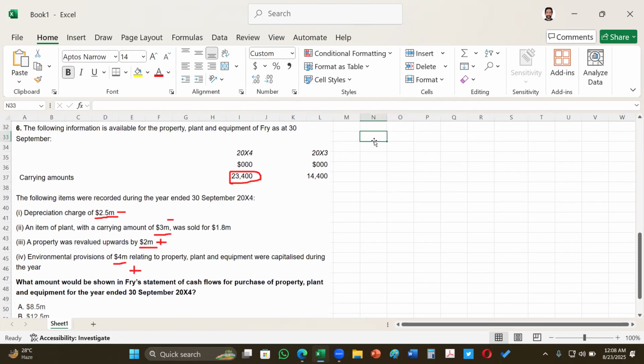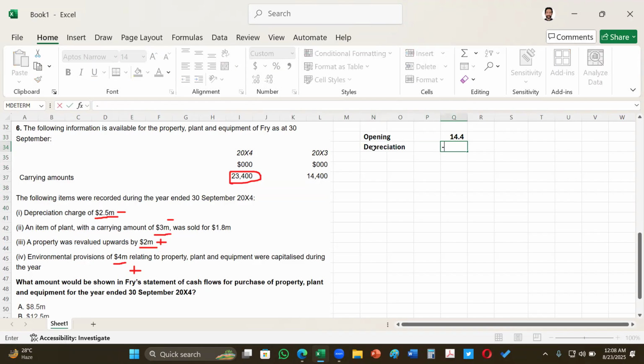Fine. So this opening is 14,400, or let's talk in millions, 14.4. Let's unround these figures. These are rounded to one decimal. Okay, so this is opening. There is depreciation that would be deducted as 2.5.